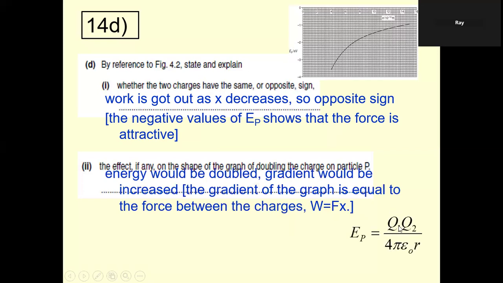Increase one of them, you increase the potential energy. So energy will be double, so gradient will be increased. Gradient of graph is equal to the force between the charges. That's your AS work. Work is force times distance. So the gradient is the force for an energy graph.